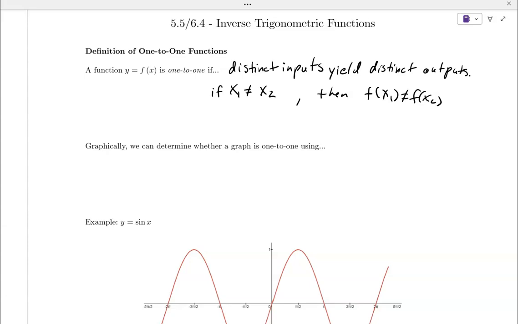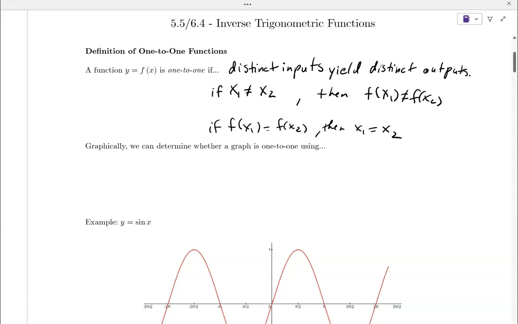A lot of times you will see this written kind of in the reverse order. What I mean by that is we do what's referred to logically as the contrapositive. It means flip the statement around and negate them. So another way to say this is that you could say if f of x1 equals f of x2, then x1 equals x2.